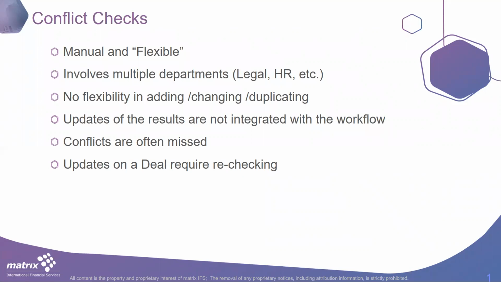The updates of the results are not integrated with the workflow. This is probably one of the biggest pain points regarding conflict checks, where the results of the checks, when they come in, drastically affect the continuation of the deal through its different workflow. According to the results, there might be a branch in the workflow, and you might opt to advance the deal, or the deal should advance in some other way.